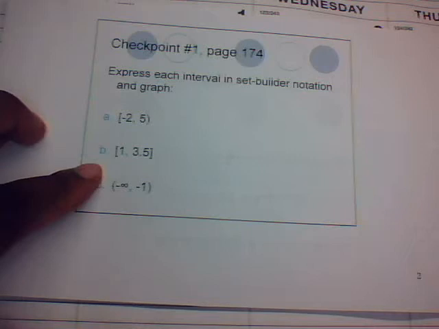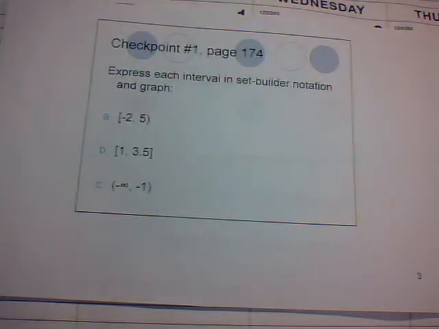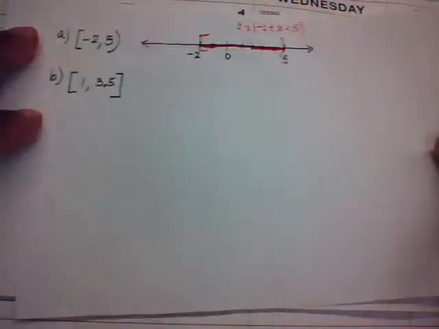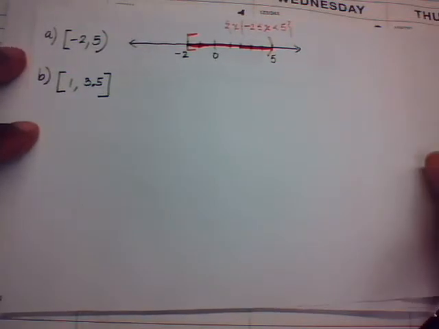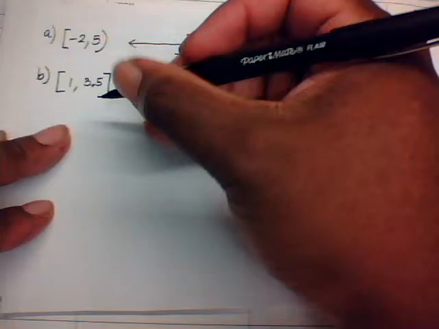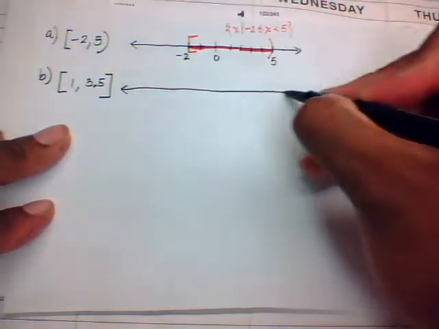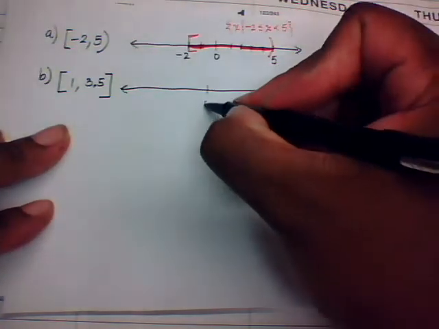Okay, now on to part B, we have a closed interval from 1 to 3.5. And notice that we have brackets at both 1 and 3.5. So here's how we'll graph this.